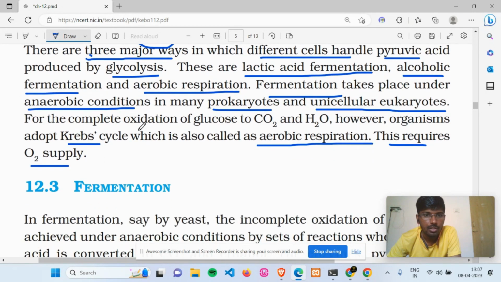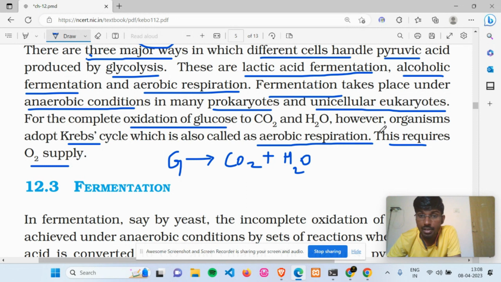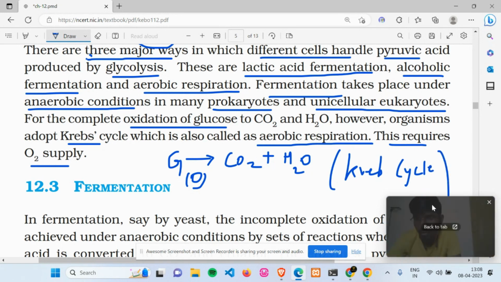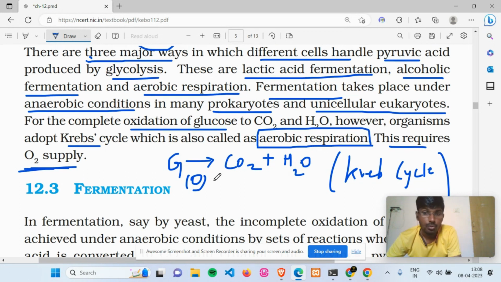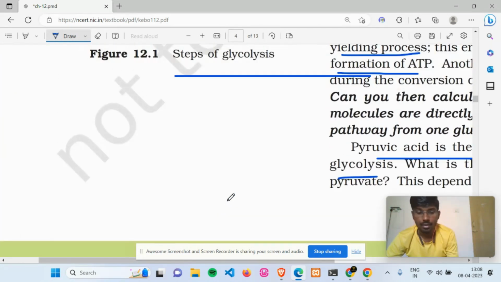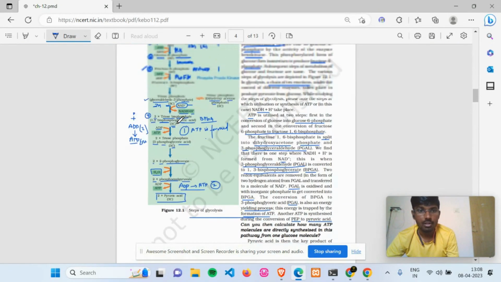So for glucose to get completely oxidized to CO2 and H2O in the presence of oxygen is known as the Krebs cycle. This is an important cycle which uses oxygen supply, and it takes place only in aerobic respiration as oxygen is needed.